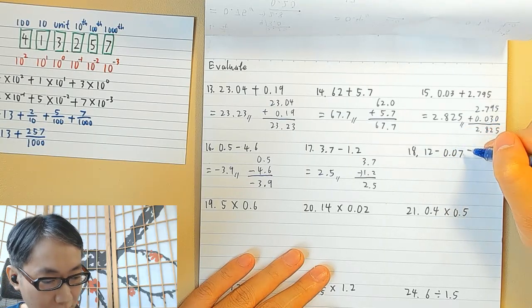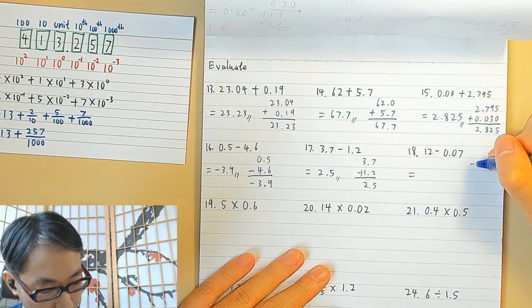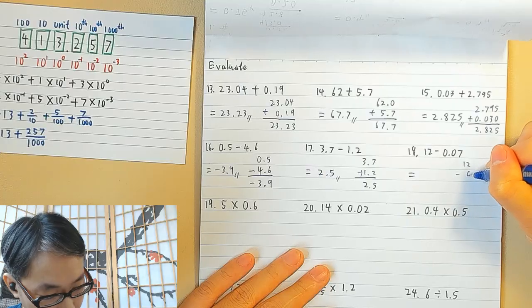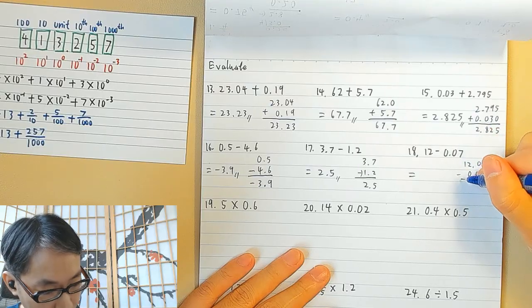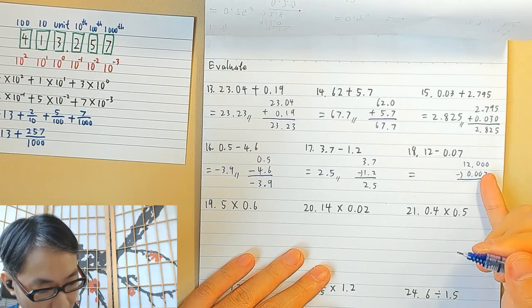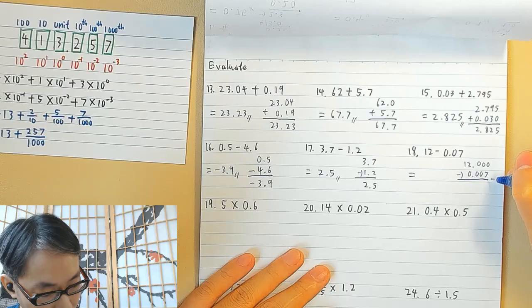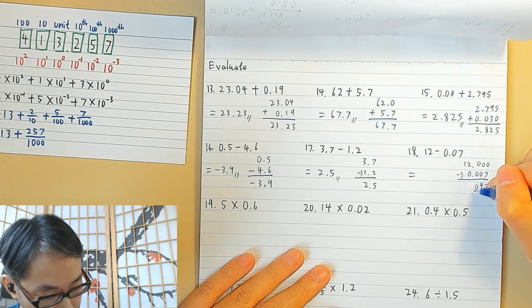12 minus 0.07. 0.007. So to add the digits for the 12, so that they can line up. So 0 minus 7 is 3. This becomes a 9. And then 0.